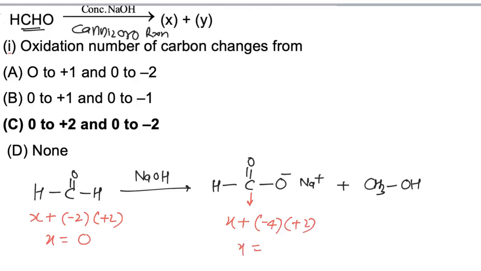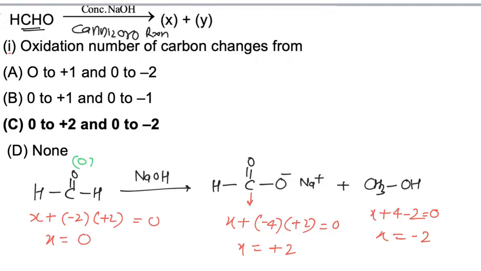So X is equal to +2. In CH3OH, X plus 4 minus 2 is equal to 0, so X is equal to -2. So the oxidation state of carbon here is 0.